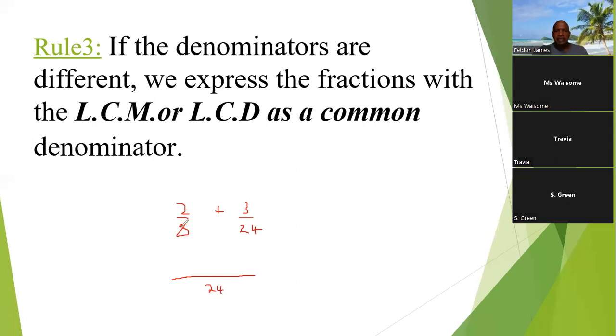Now we would say 8 into 24 goes how many times? Remember that we are dividing the denominator into the LCM so that we can find out what to multiply the numerator by. So 8 into 24 goes what? 3. 3 times, sir.